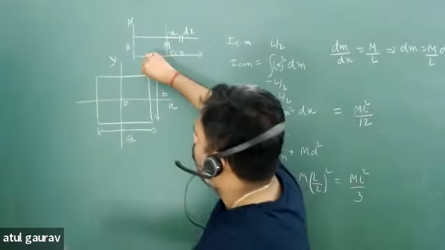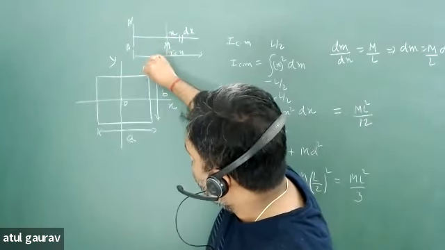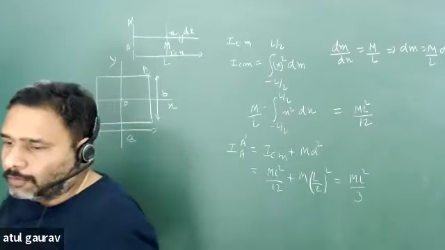Meaning something like this, and it can be like this. So we have to find the moment of inertia about the axis which is passing through the corner.